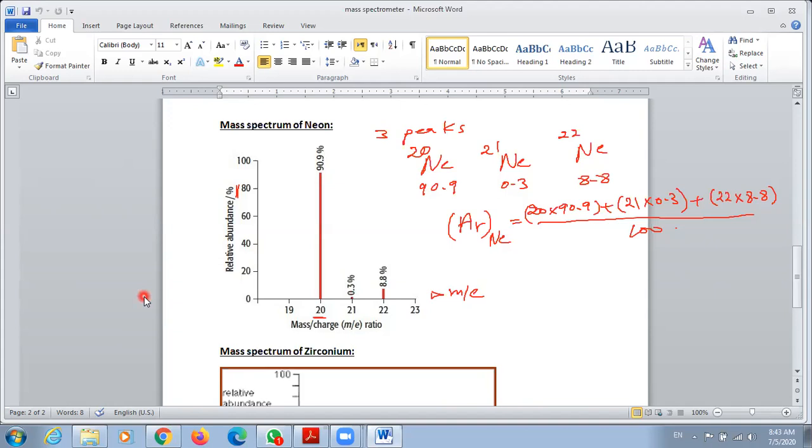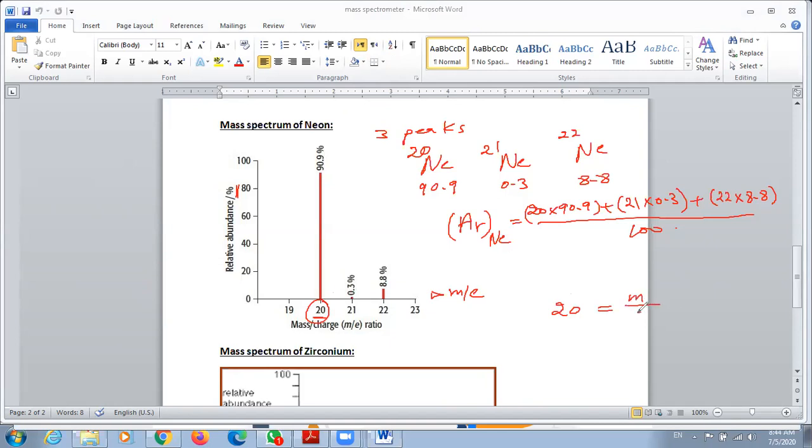But if all of them have a +2 charge, that would mean their relative atomic mass is twice the actual one. Yes, exactly. So would you have to divide it by 2 again if it's +2? Now, if he tells us that the charge is +2, then any number here, like 20, means it is the mass over 2.